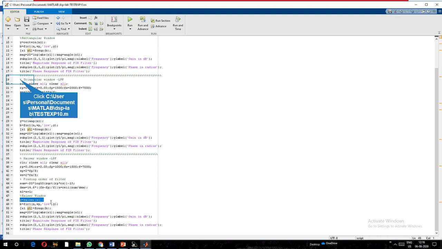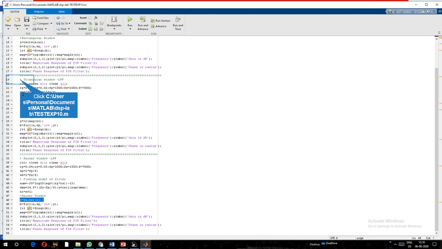That is the window we have to place, and all other things are almost the same. From that window we get the magnitude and phase response. Finally we plot the responses of the FIR filter using the Kaiser window.